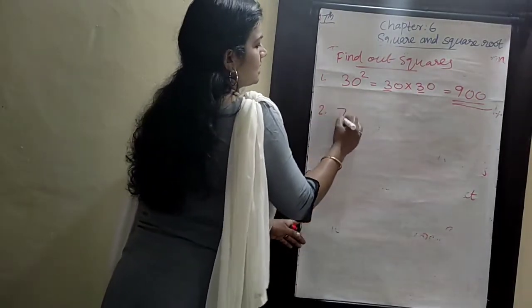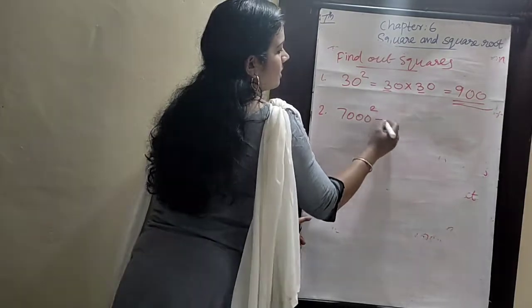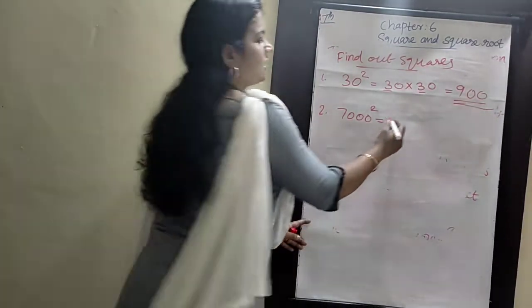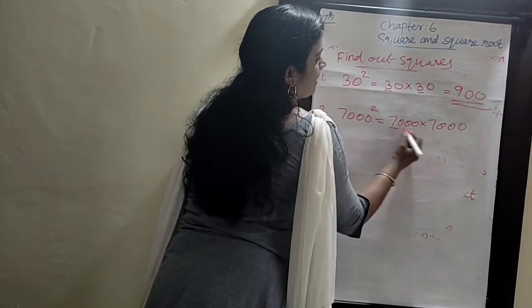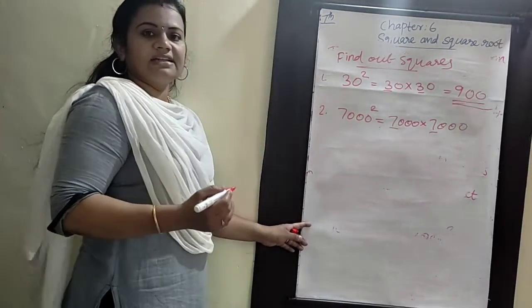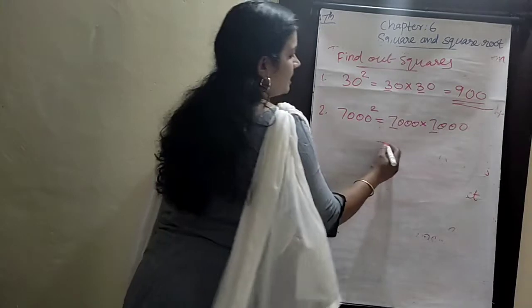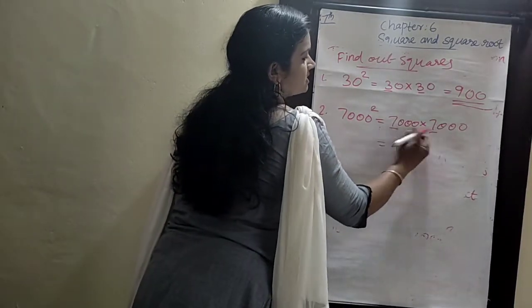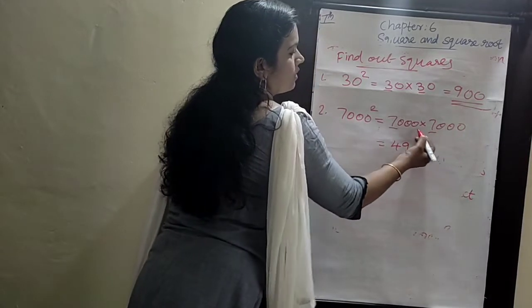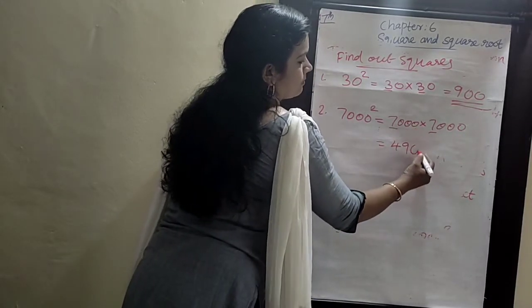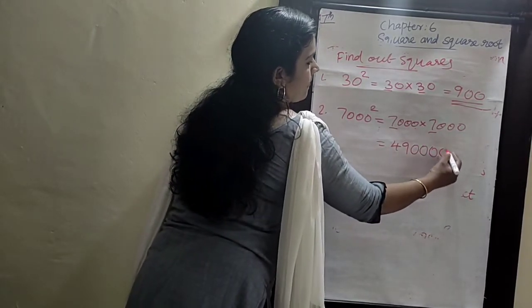The second question: 7,000 square. How to write this? 7,000 into 7,000. Multiply the numbers only. 7 sevens are 49. Then how many zeros are here? Count all the zeros: 1, 2, 3, 4, 5, 6. Then put 6 zeros here.